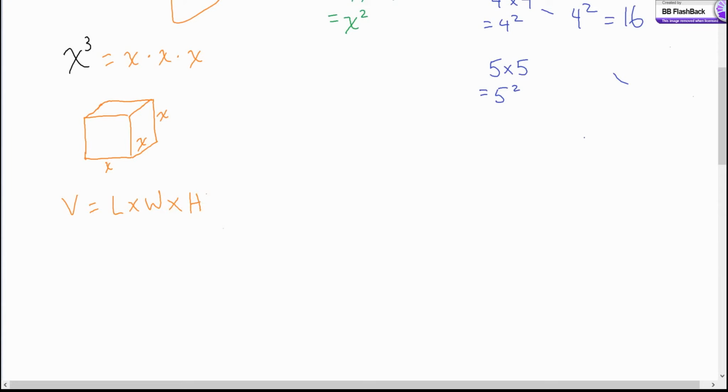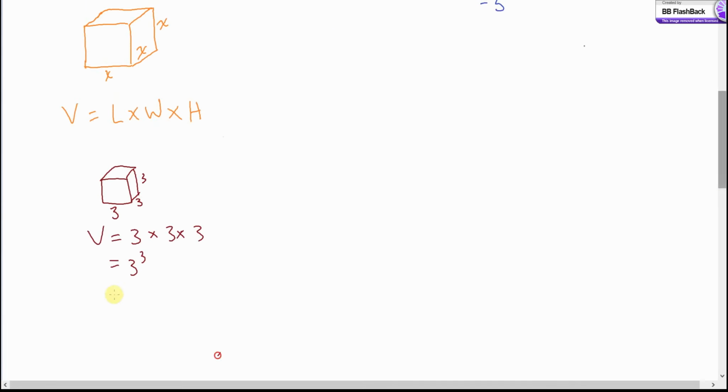X times x times x. If we had an example where the length, width, and height were all 3, then we would have the volume is 3 times 3 times 3. We know that's the same as 3 cubed, which is equal to 27.